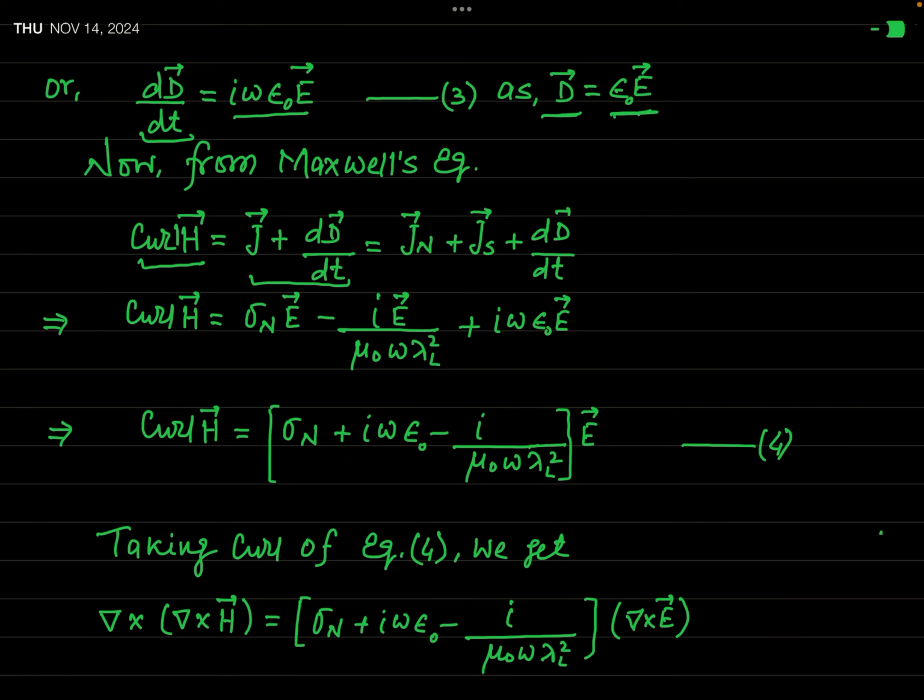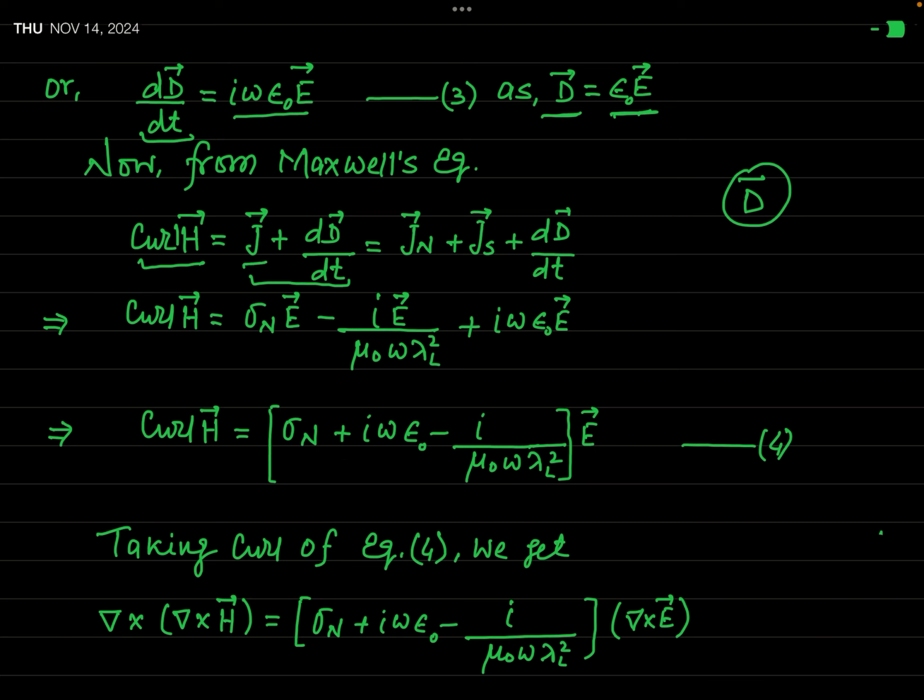Actually, here the partial operator has not been used. Instead of that, we have used ordinary differentiation, because we are considering that the D vector, J vector or E vector are all functions only of time, not of position. So we have considered it like this.